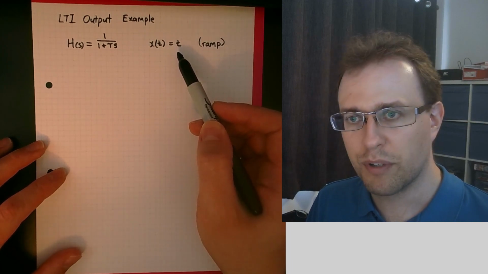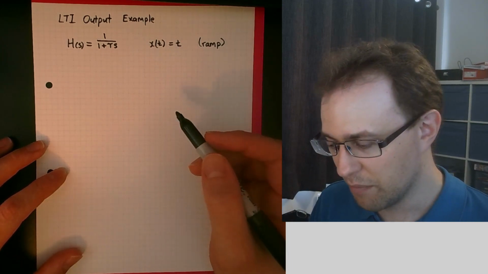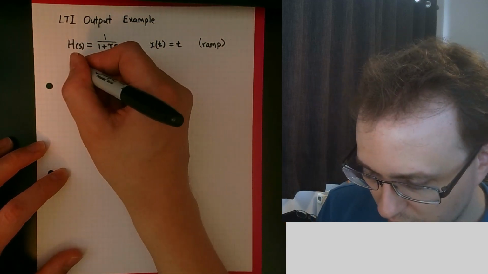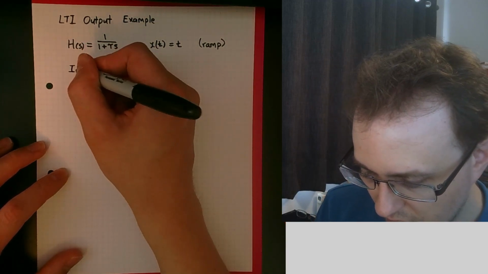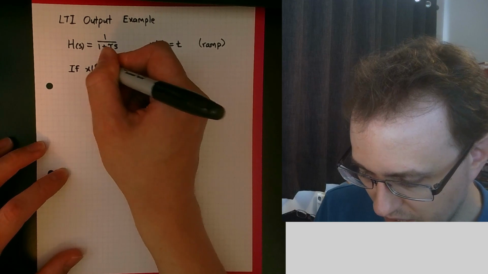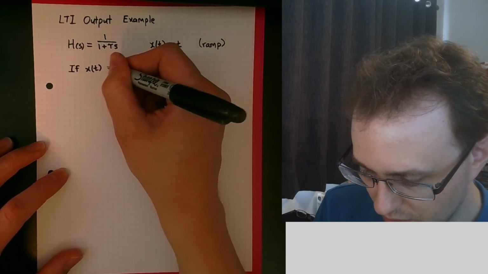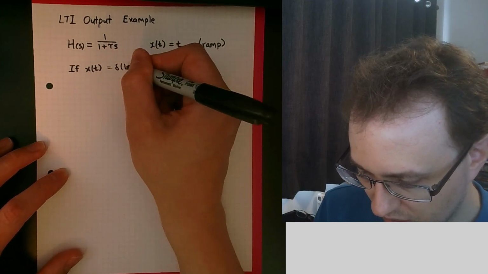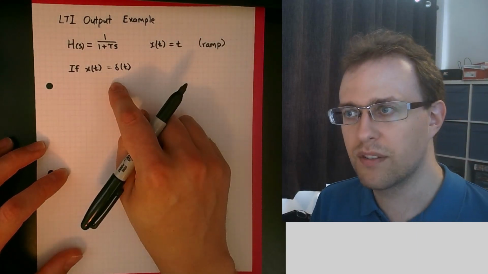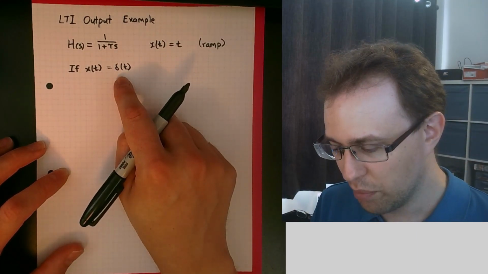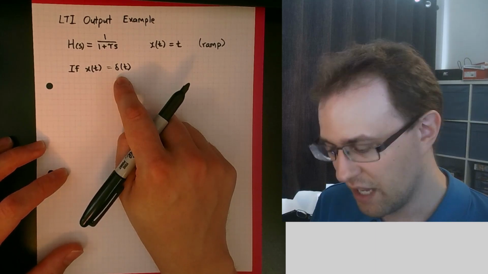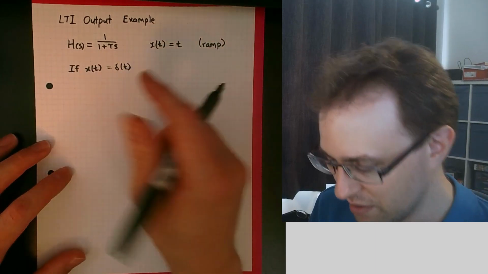But I want to first talk briefly about some special cases of simple inputs. So if our x(t) had simply been an impulse, so small delta of t, this would be the case of an impulse. By definition, the output corresponding to this input is the system impulse response.